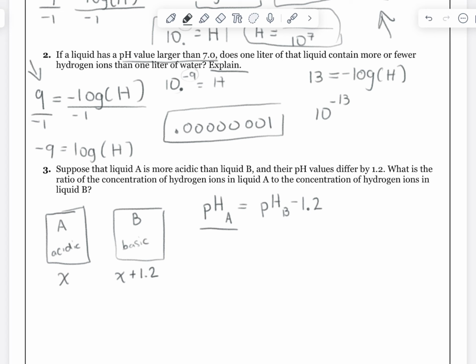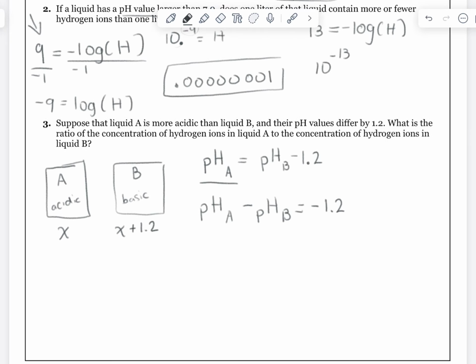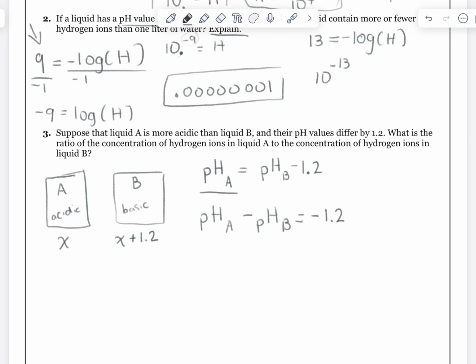Let's maybe put the 2 pHs on the left side. You don't have to do it. There are infinite ways of solving this problem, but this is how I'm going to do it. I'm going to move both pHs to the left, and that's now equal to -1.2. Great. What is pH of A? This is no longer useful to me. Maybe I can substitute something.